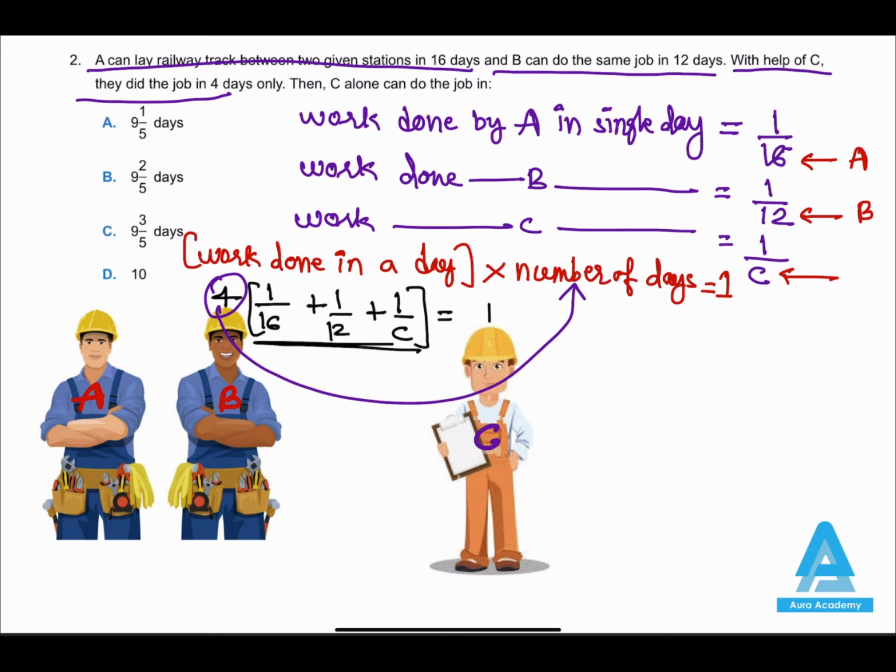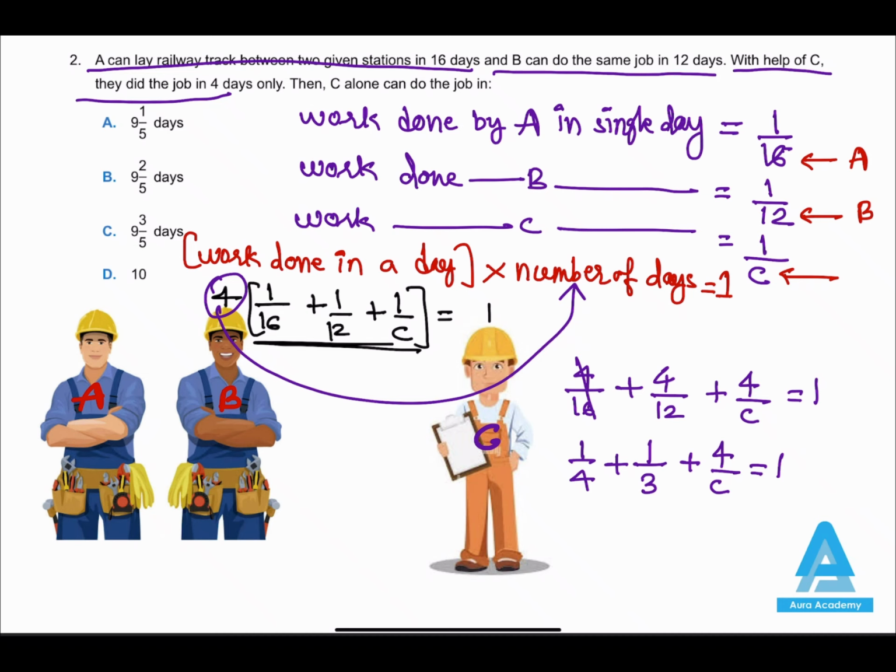So you can say that 4 by 16 plus 4 by 12 plus 4 by C is equal to 1. So 1 by 4 plus 1 by 3 plus 4 by C is equal to 1.